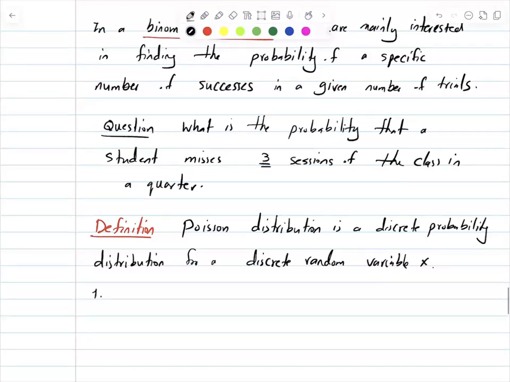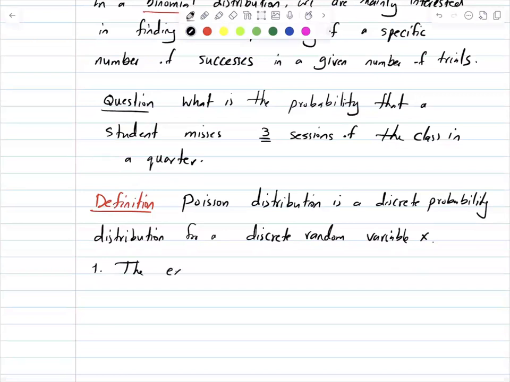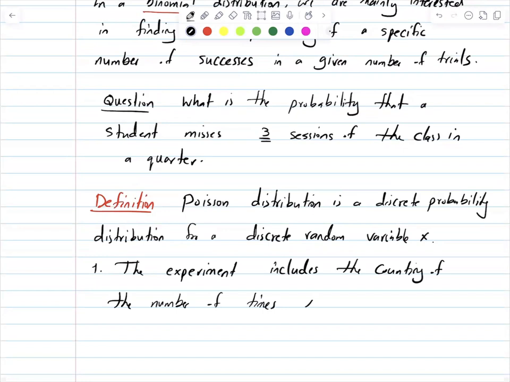First of all, the experiment consists of counting the number of times x, an event, happens in a given interval. It can be time, it can be volume, it can be area, and so on.